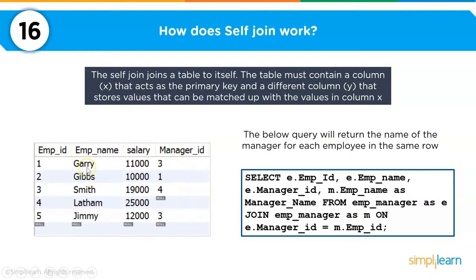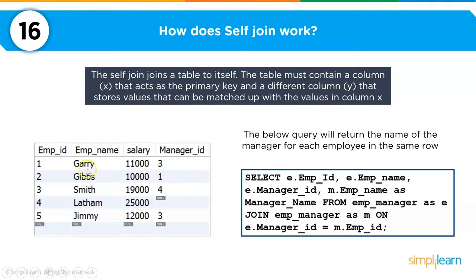Now if you see here, Gary's manager ID is 3. So if you see our table, at 3 we have Smith. So Gary is reporting to 3, or in other words, Smith has an employee under him who is Gary. Similarly, Gibbs is reporting to manager ID 1 or employee ID 1, which is Gary.